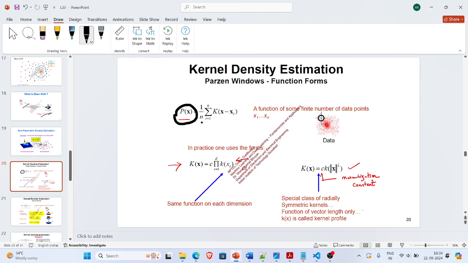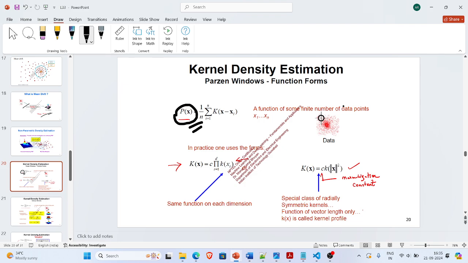So we calculate this px. This x is, I think, the center of the region of interest we have. So px we have.